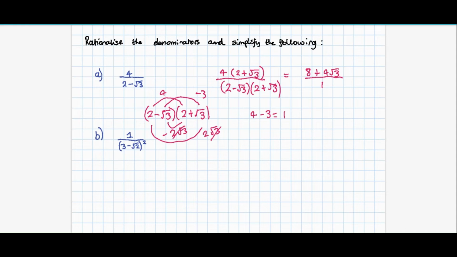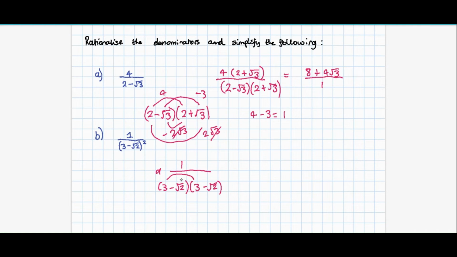Now let's rationalise this bottom one here. So what we want to do here, we want to get rid of this bracket squared. So we're going to actually times it out to begin with. So we've got 1 over, and then 3 minus root 2, 3 minus root 2. And let's expand this now.